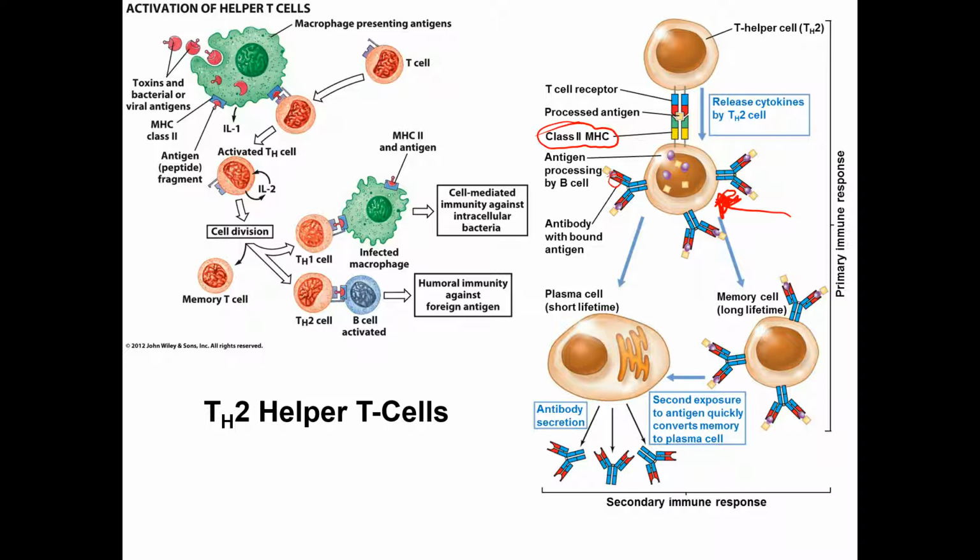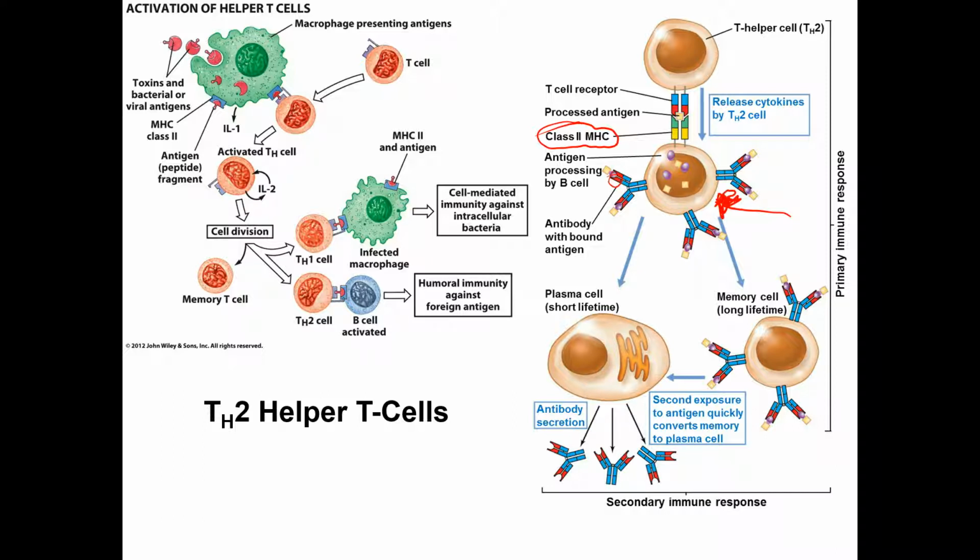This is where the Th2 helper T cell comes into play. Here we have an antigen presenting cell that has processed an antigen, and it's displayed on MHC class II surface receptors. And you have this T cell that interacts with this antigen that's being presented by class II MHC.